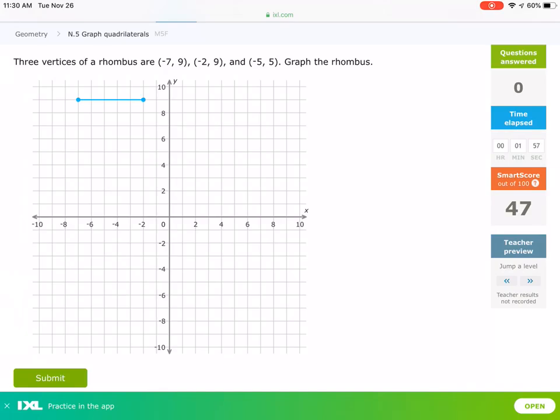So the opposite side is probably going to be underneath this one. Let's graph the next. We got -5, 5, which is right here.